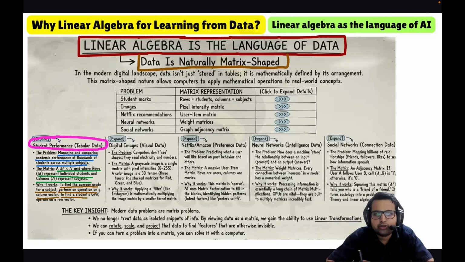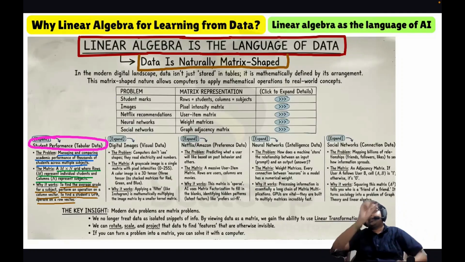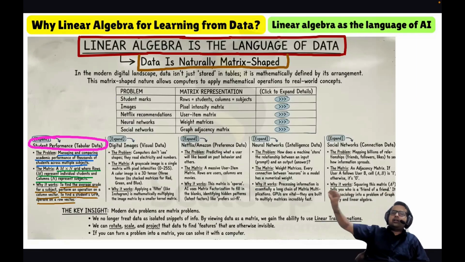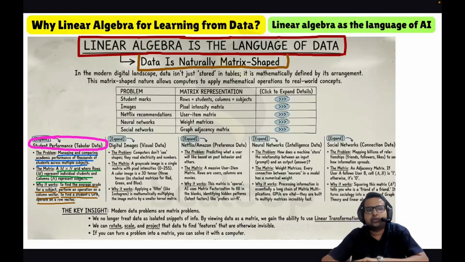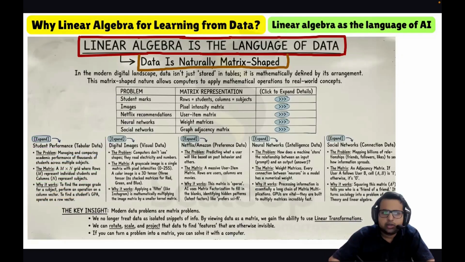To find a student's GPA, operate on a row vector. So in this matrix, the row vector will give us the performance of a particular student, and the column vector will give us the performance of the entire college for a particular subject. That can be a very powerful tool.